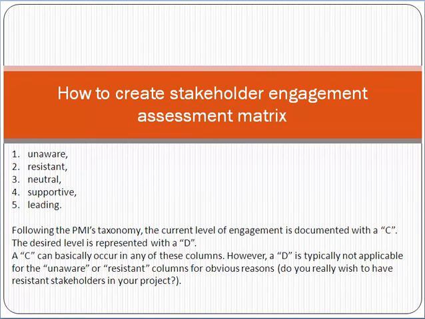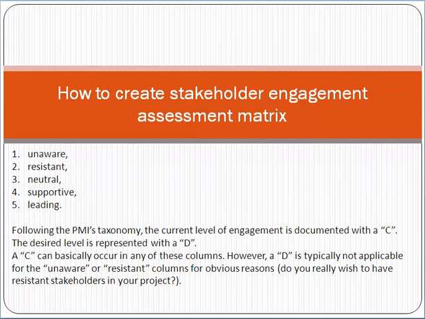Now friend, how to create the stakeholder engagement assessment matrix. Friend, there are basically 5 types: unaware, resistant, neutral, supportive, leading. These are the categories, or you can say the grouping. Unaware means stakeholders who are not aware of the project. Resistant means they want to resist the project, they want to resist the implementation.